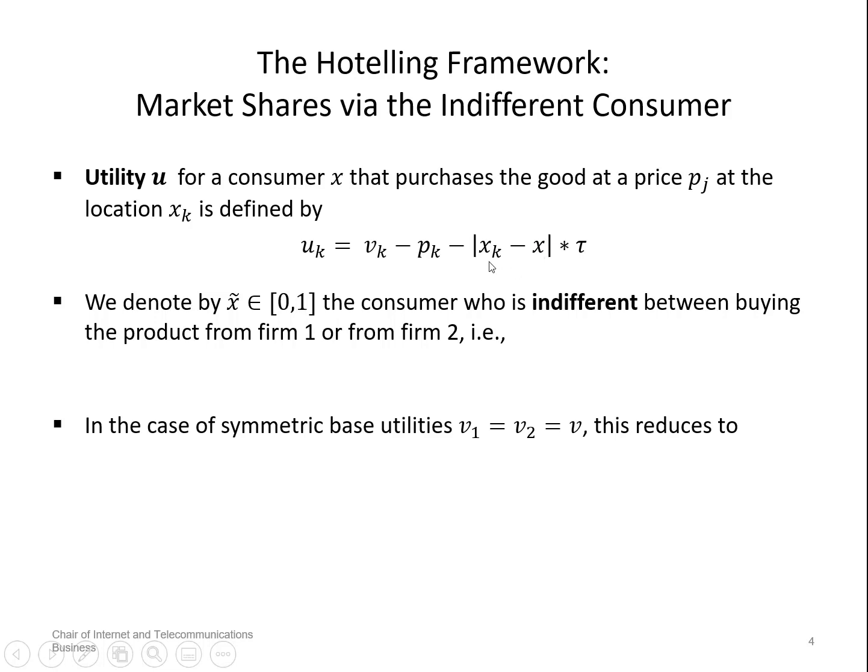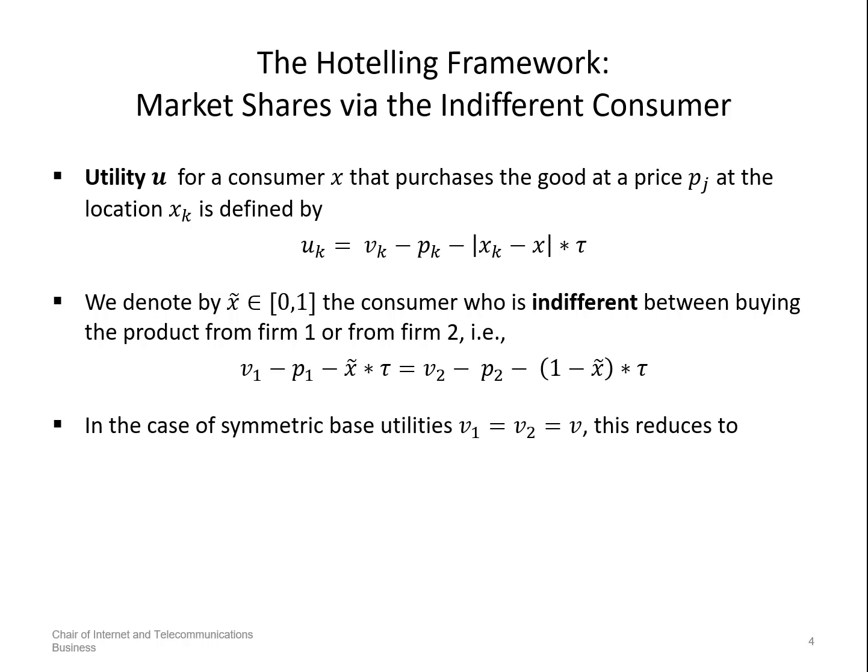Then we can denote an indifferent consumer x tilde on that line who is indifferent between the two platforms, obtained by setting equal the utilities of buying from the two platforms. Since there are two platforms, it will be v1 minus p1 minus x tilde times tau, equal to v2 minus p2 minus (1 minus x tilde) times tau, because the other platform is located at coordinate 1.